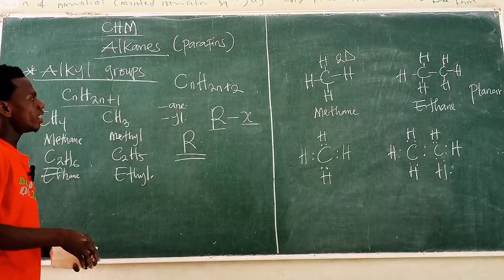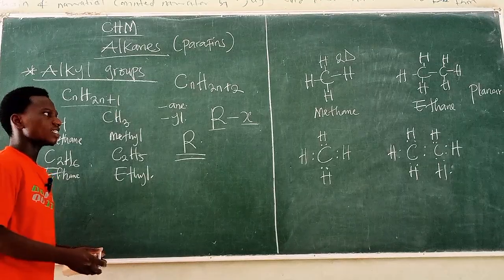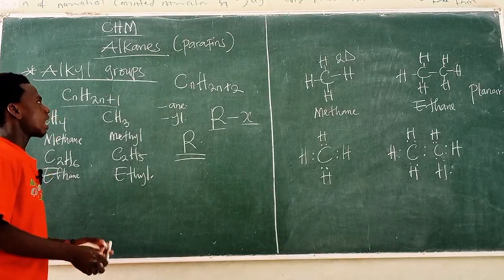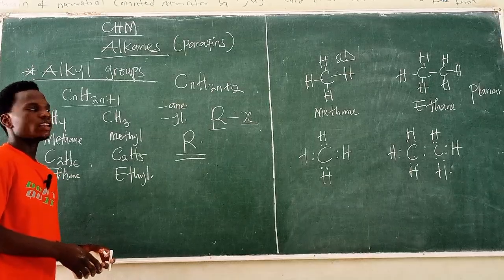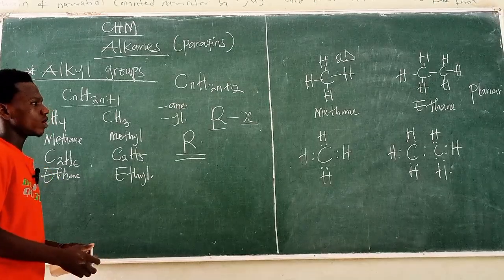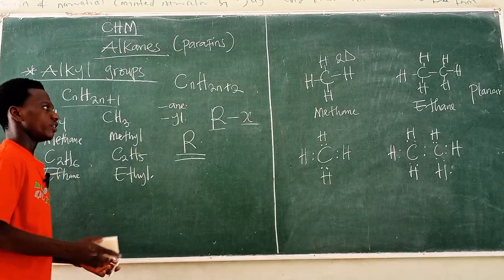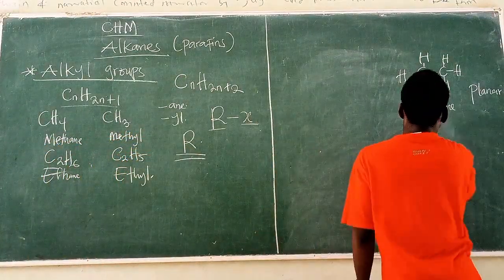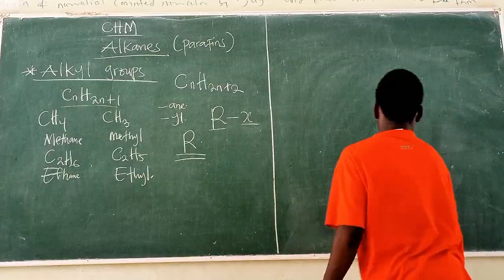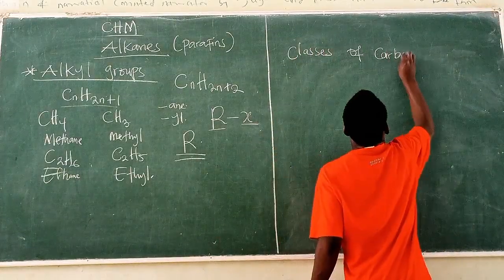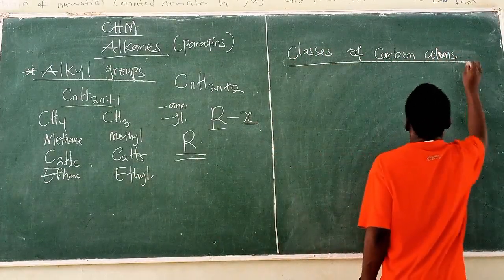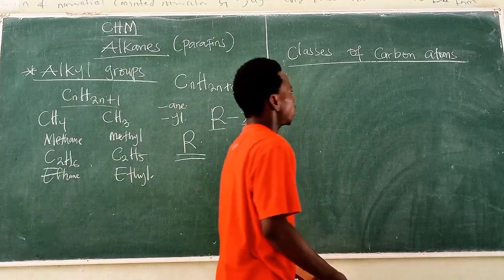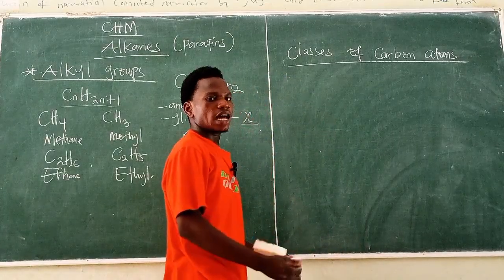So before we end the class, let's look at the classes of carbon atoms and then look at one practice question and then we'll call it a day. Let's look at the classes of carbon atoms.